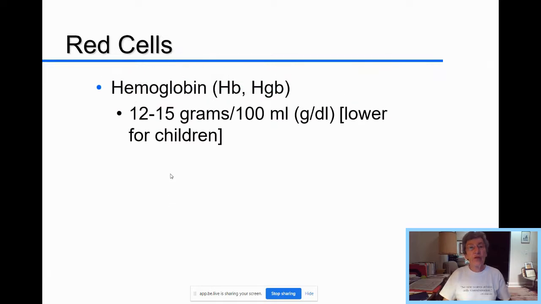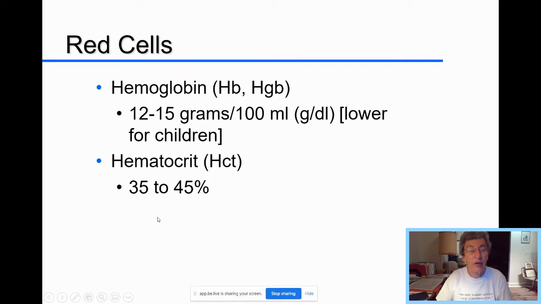So red cells normally are measured by the hemoglobin, abbreviated HB or HGB, depending on whether you're US or British based. The normal is about 12 to 15 grams per 100 mL, or grams per deciliter. It may be lower in normal children.